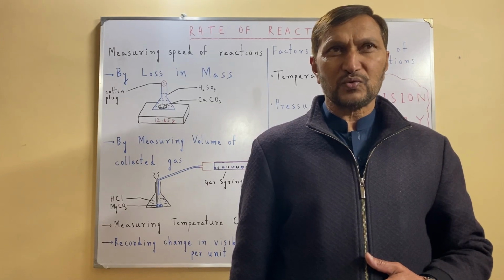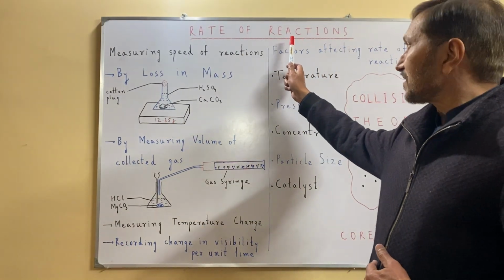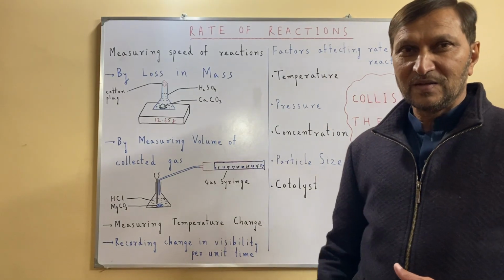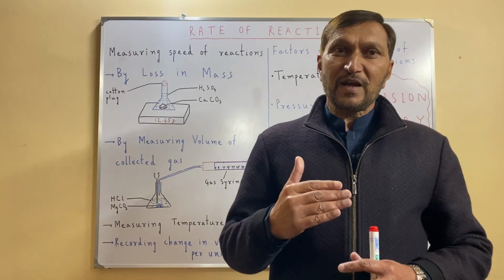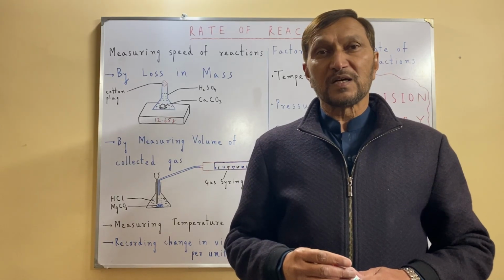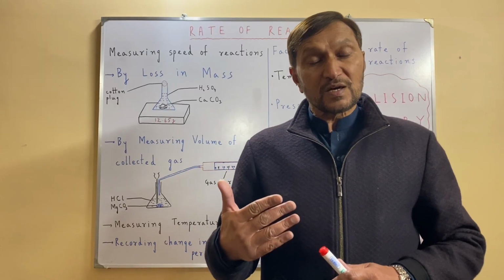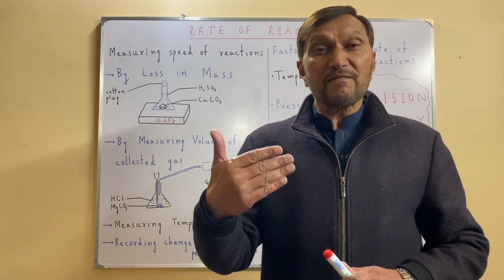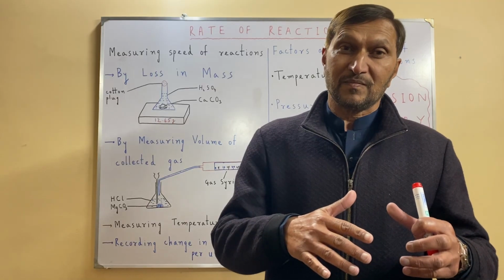Today I am going to talk about the rate of reactions, or speed of reactions. First let me tell you that some chemical reactions are very fast, some reactions are very slow, and some reactions are medium.